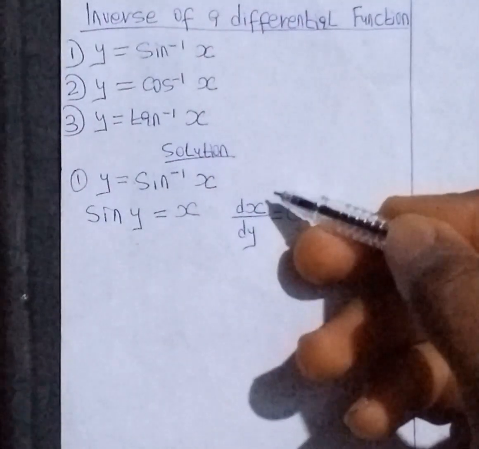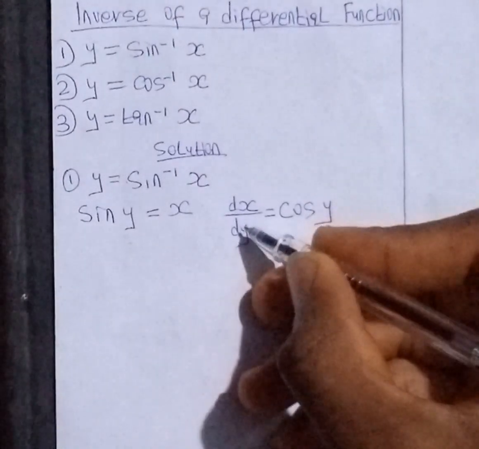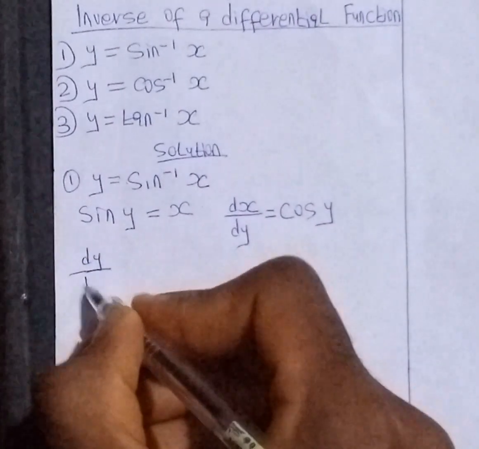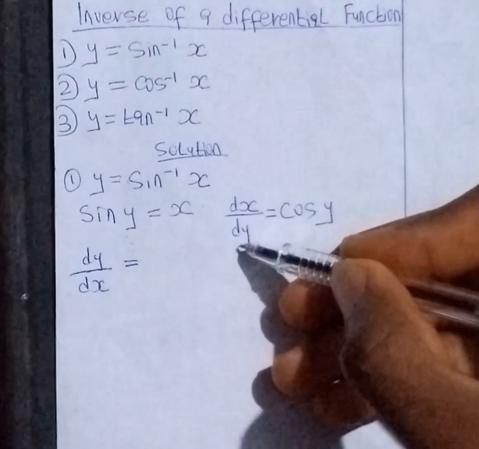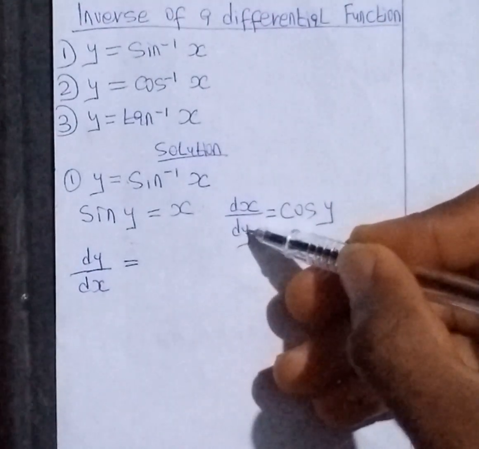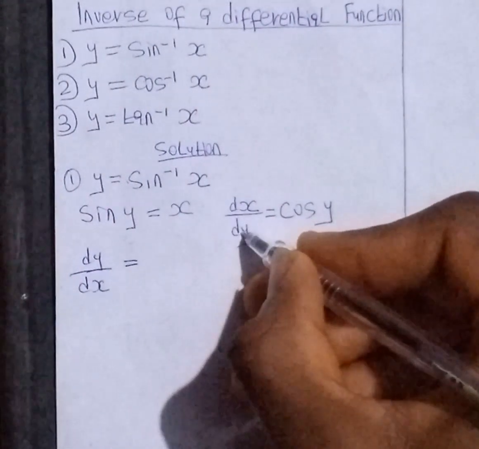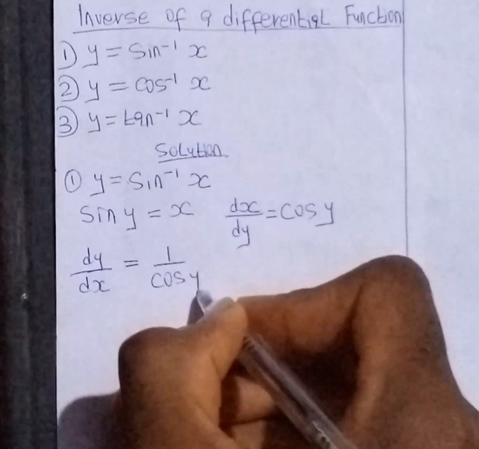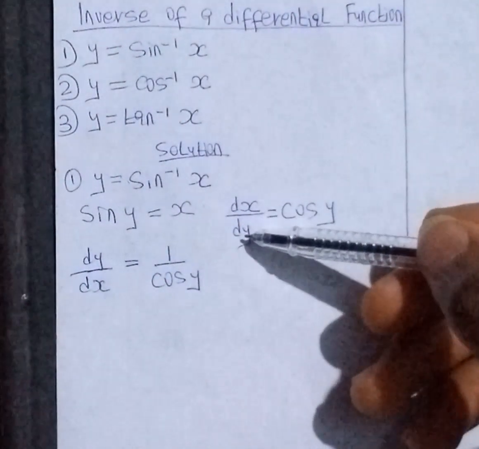So, putting it like this, the derivative dy/dx will now be 1 over cos y.